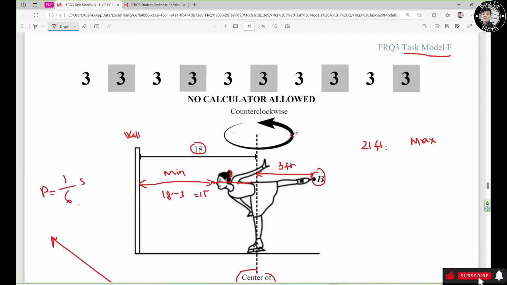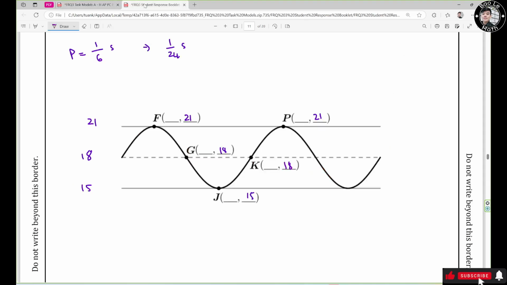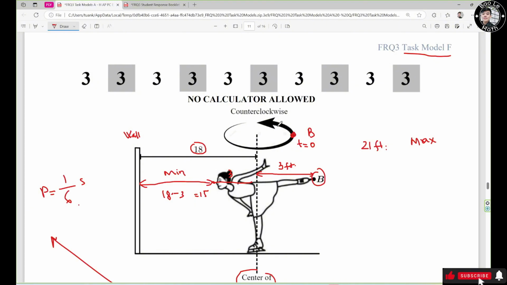At t equals 0, point B is right here, and this is the highest one, because the distance from here to here should be 21. So right here, this is actually point F, and this one is t equals 0. Now, when point B goes over here, point B is on the center of rotation. So each quarter is going to be 1/24 seconds.